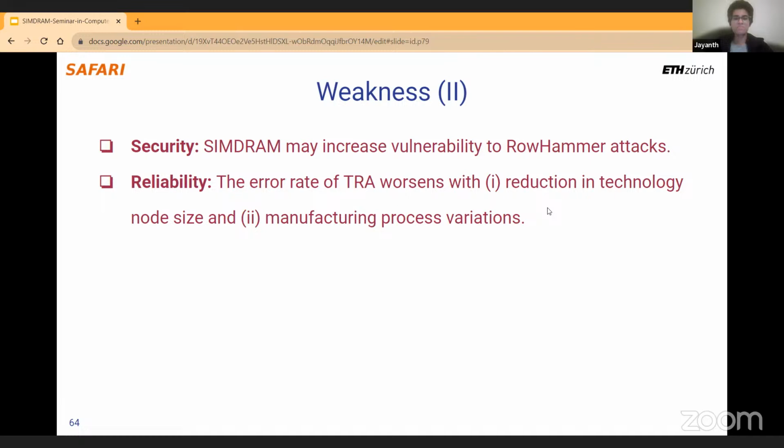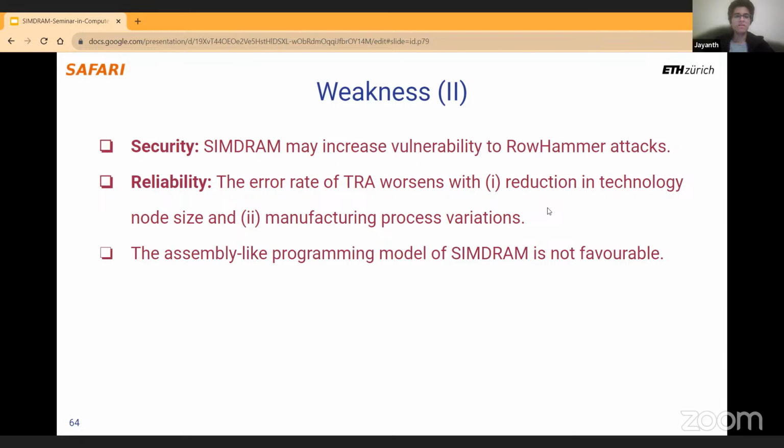Also, the reliability of the triple row activation, or TRA, mechanism, which is key for SIMDRAM to function, worsens with technology node size reduction, and it also changes rapidly with manufacturing process variations. Also, we just saw that SIMDRAM has an assembly-like programming model, which is not always easy or straightforward to implement, and hence it's not quite favorable.